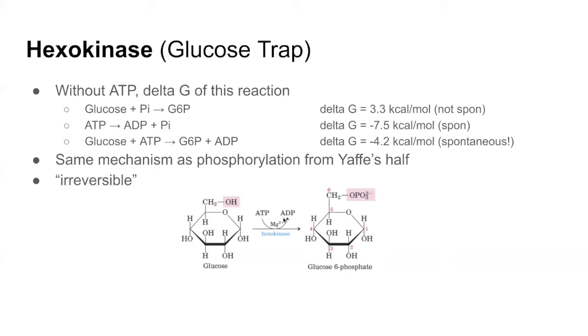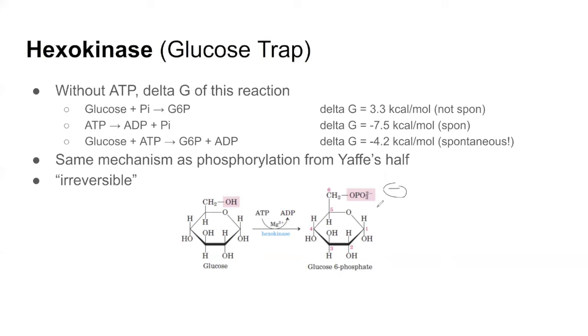The whole point of this reaction, in terms of why it matters, is that when you attach a phosphate group to glucose, you turn it from something relatively neutral, like this group right here, to something that's negative.